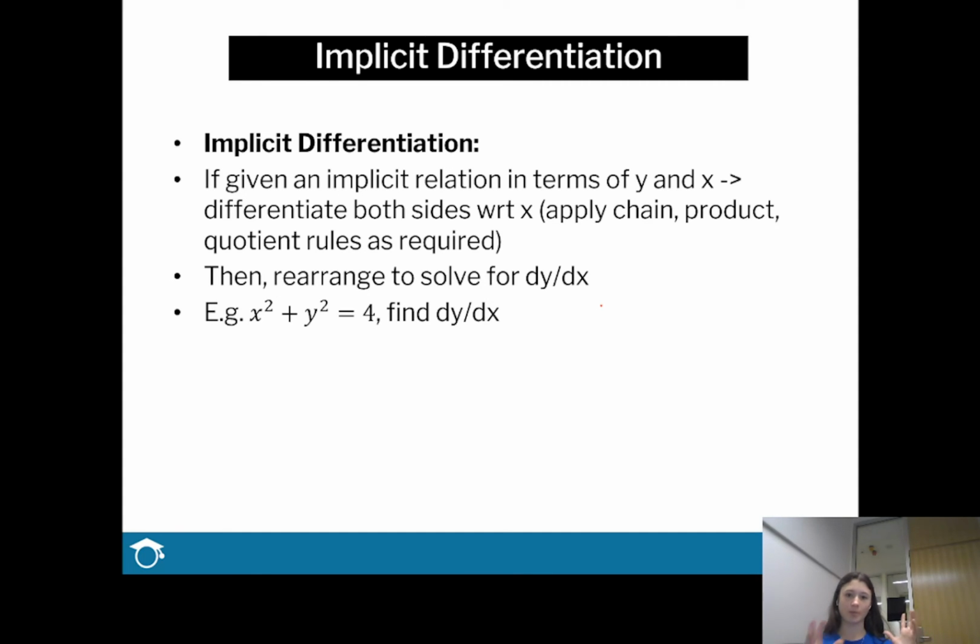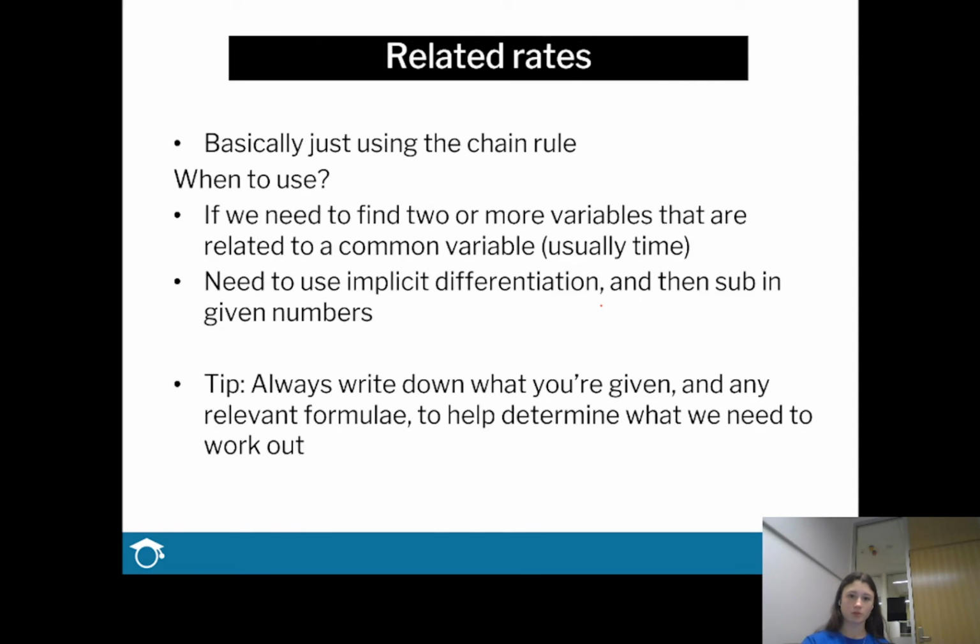Implicit differentiation is when we have y's and x's all mixed up and we can't really separate anything out, just to differentiate it all with respect to one thing. So what we need to do in this case is use the chain, product and quotient rule to derive even the y terms with respect to x.